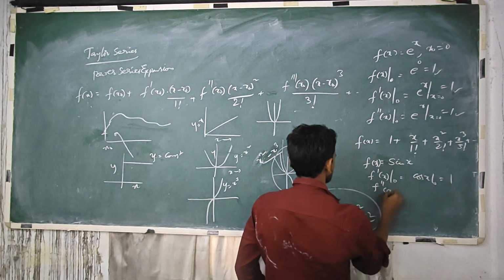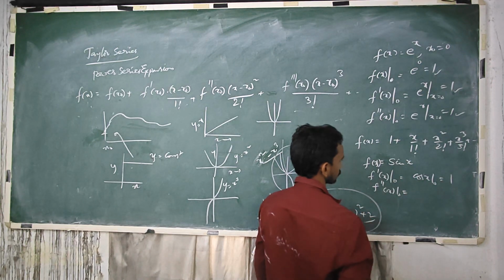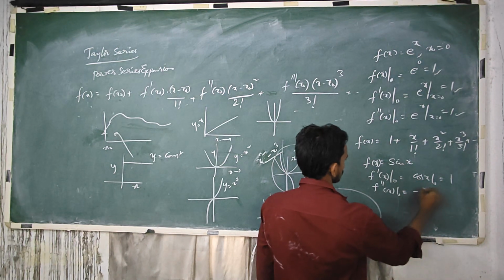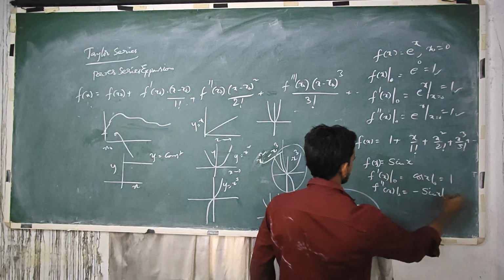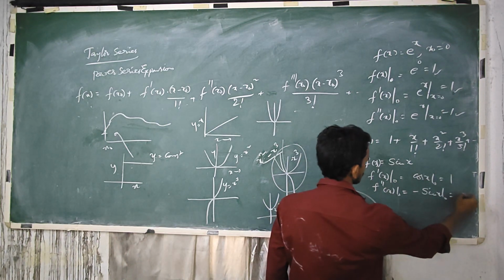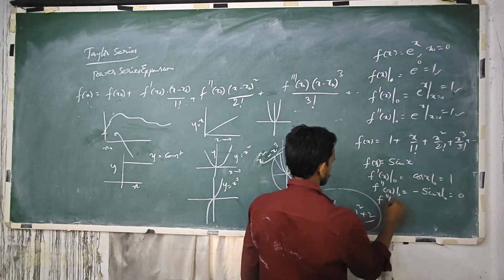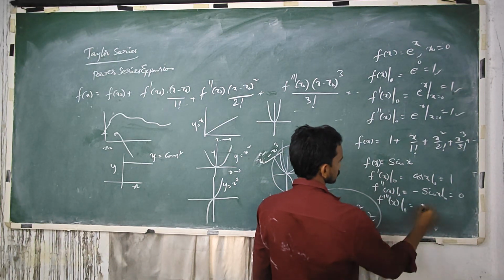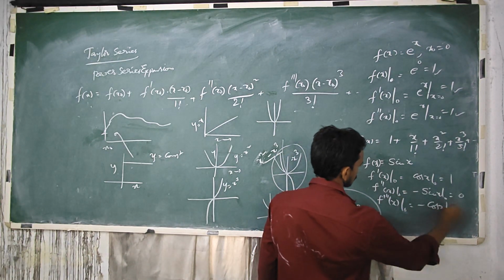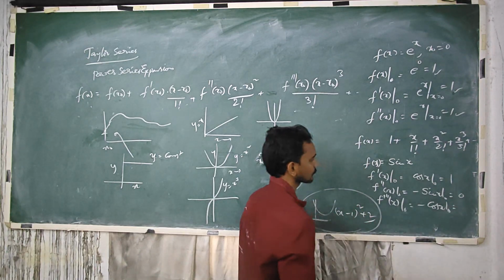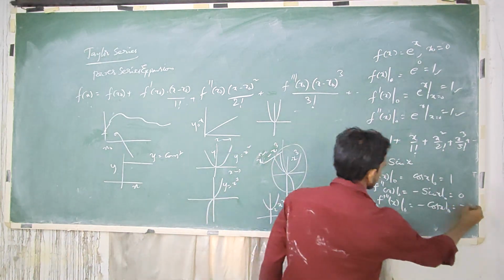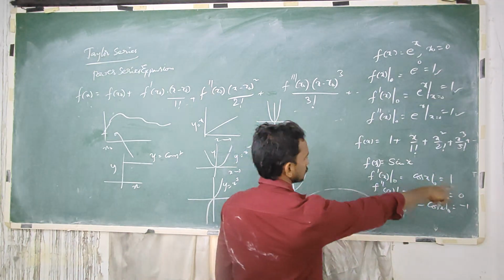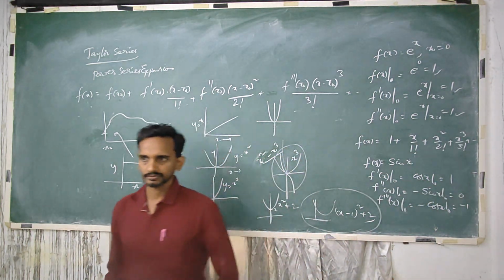Then f double dash x is minus sin x, at 0 it is 0. F triple dash x is minus cos x, which is minus 1. So alternatively you will get plus 1 and minus 1.